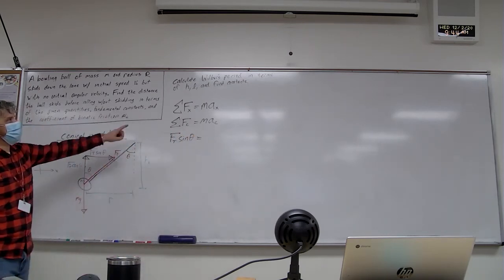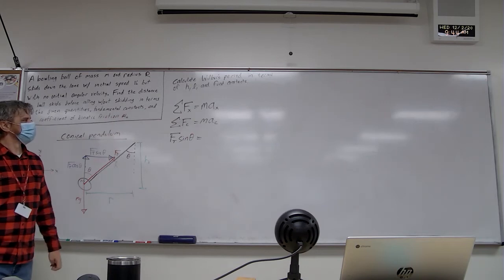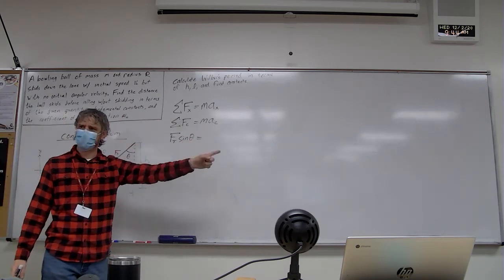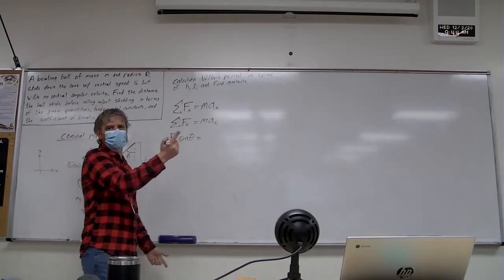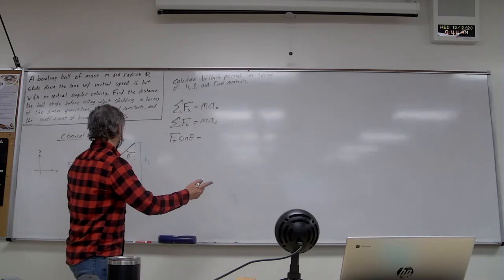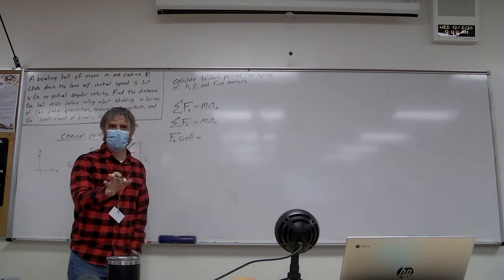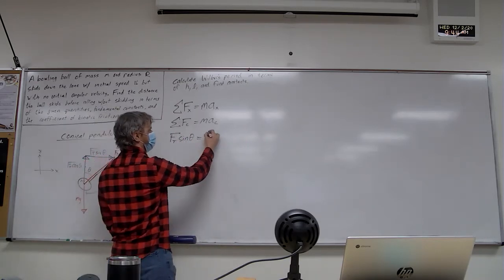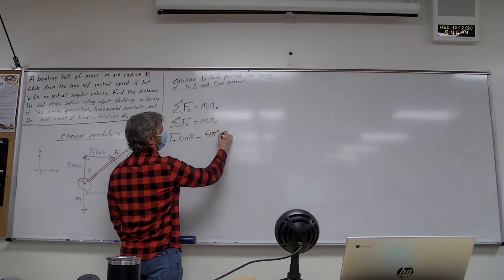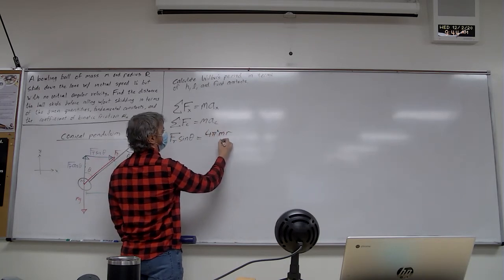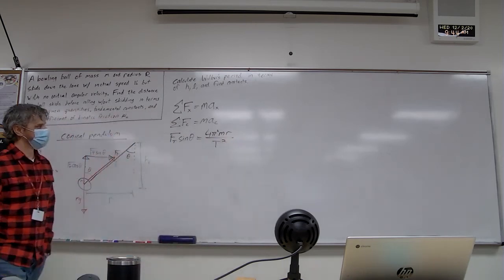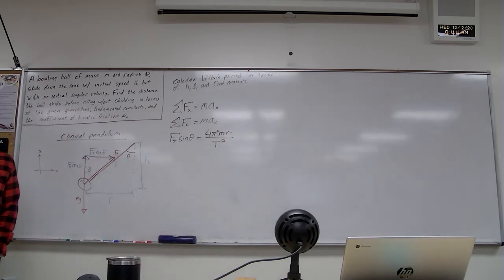And I'm looking for the period, but I don't see the period in this equation, even though I know it's dealing with the horizontal motion. So I just have to do the same substitutions that I already did in the last one. It's going to be 4 pi squared mr over the period squared. That's the result from the previous one.